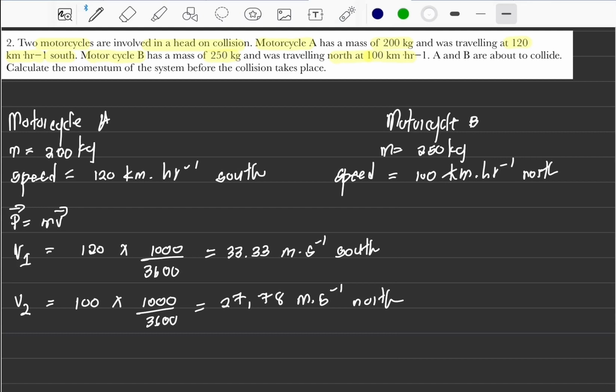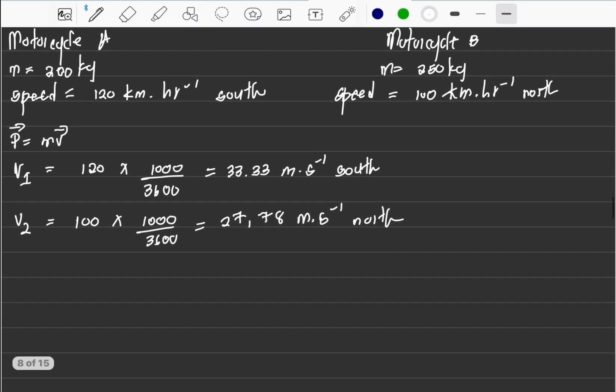Now that we have all the information that we need, we can proceed with the calculations of momentum. We are going to calculate momentum for motorcycle A. P is equal to mv.